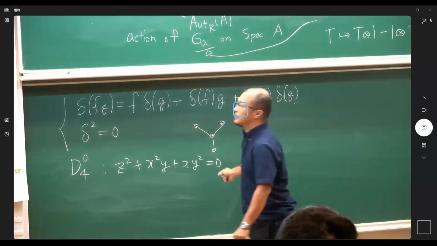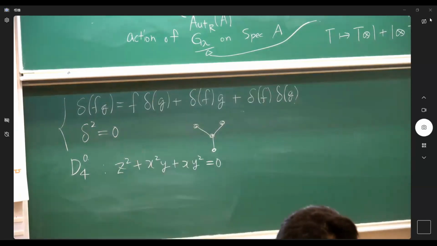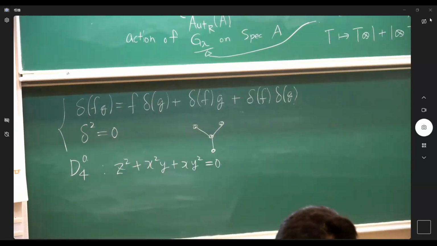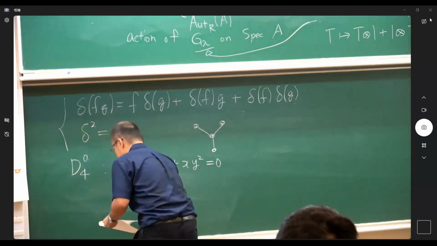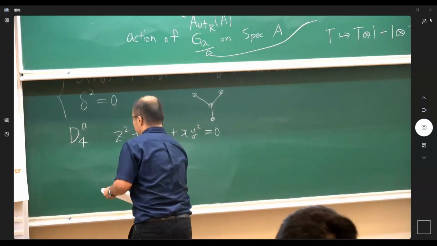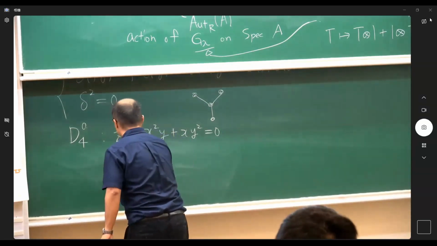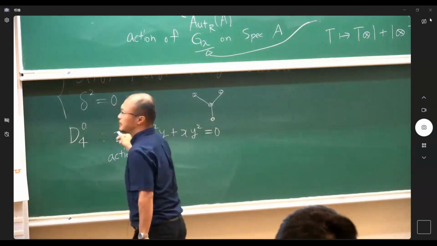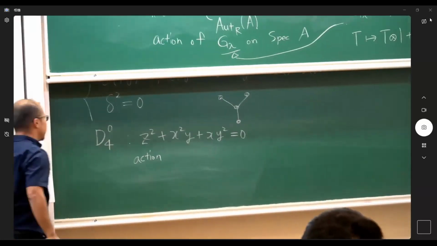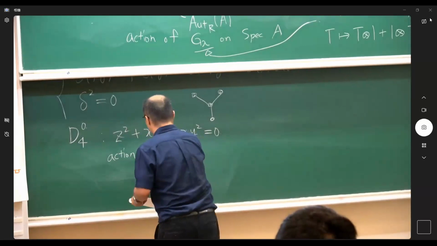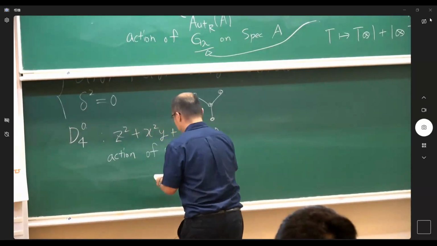And these two singularities are not analytically isomorphic. In this case, this singularity cannot be given by a Z/2 action, but this singularity can be obtained by the quotient of an alpha 2 action.